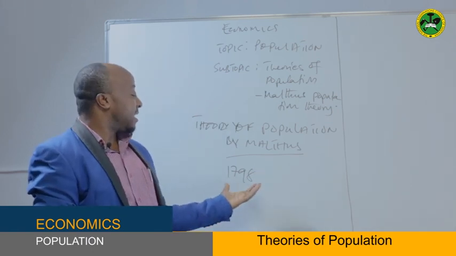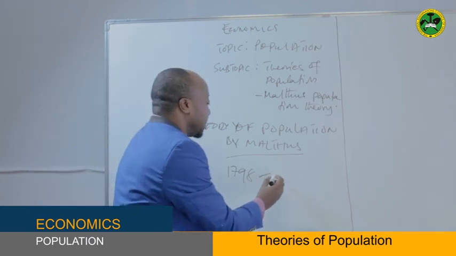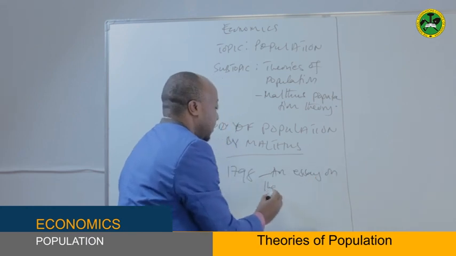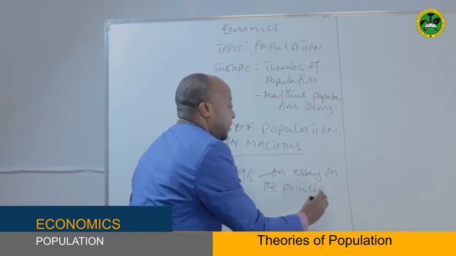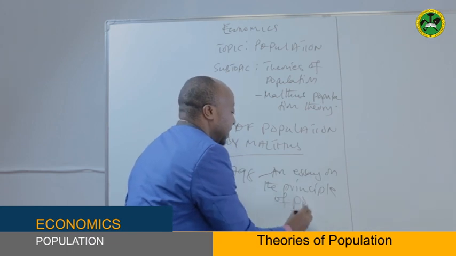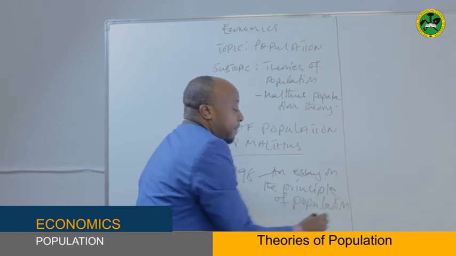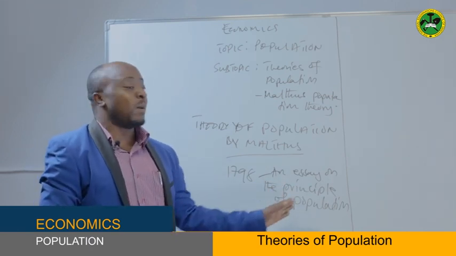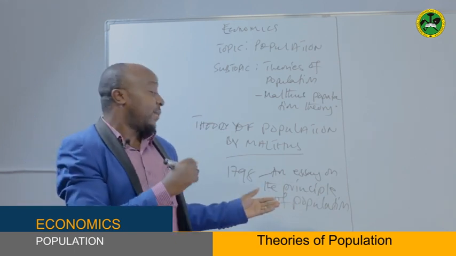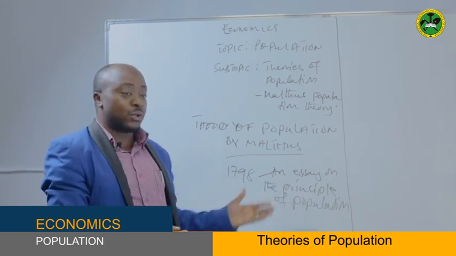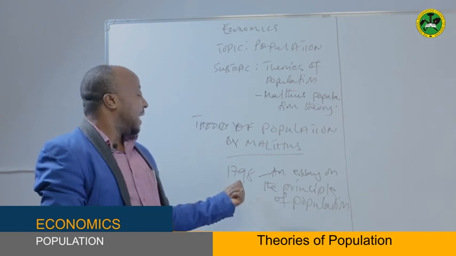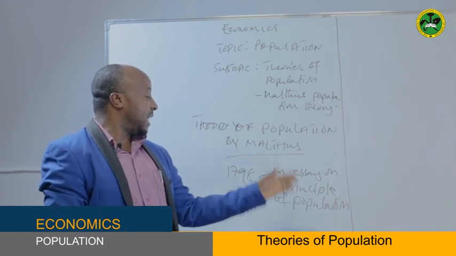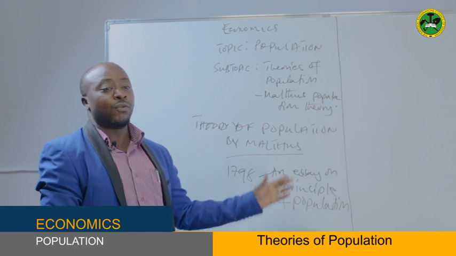It is when Malthus developed the theory in the book titled An Essay on the Principle of Population. So Malthus published a book titled An Essay on the Principle of Population, and within this book the theory of population was introduced in the year 1798.